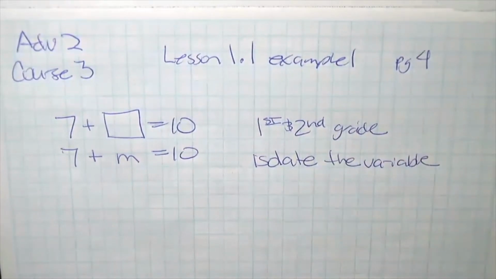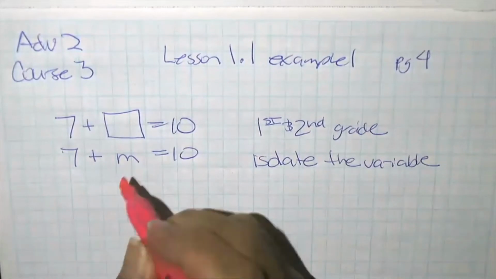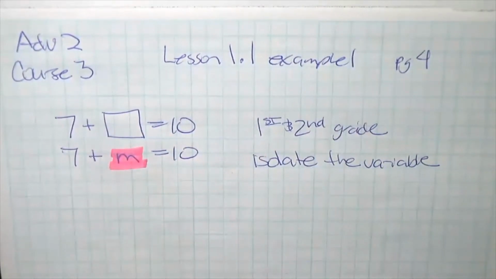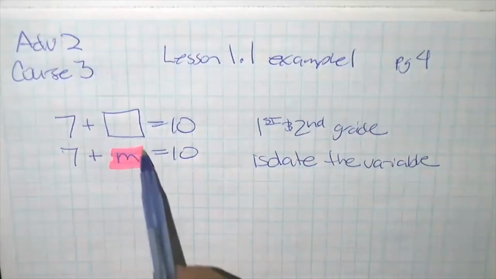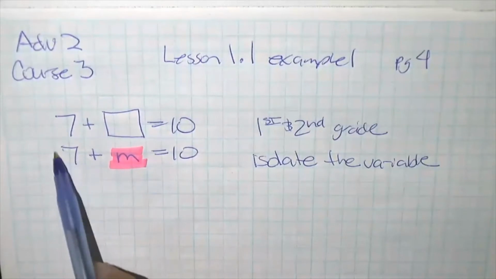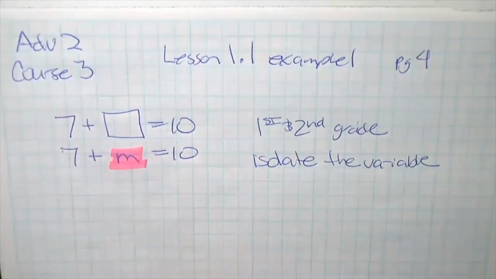That means we want to get the variable by itself. We want this m to be by itself. So if we want m to be by itself, we got to get rid of this positive 7.